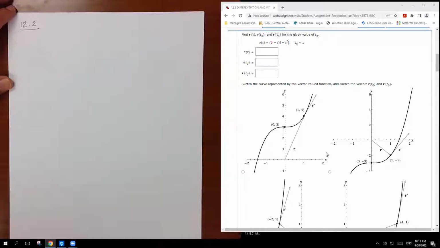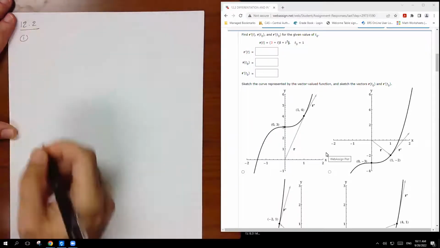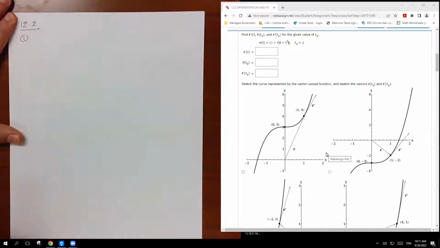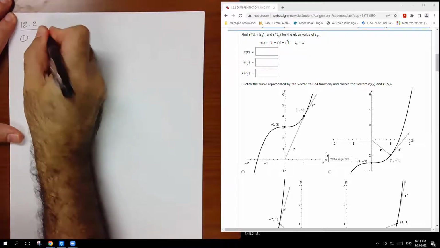So here is the example for section 12.2. The first one is, they ask you to find the derivative of r of t. I'm going to write down r prime of t.